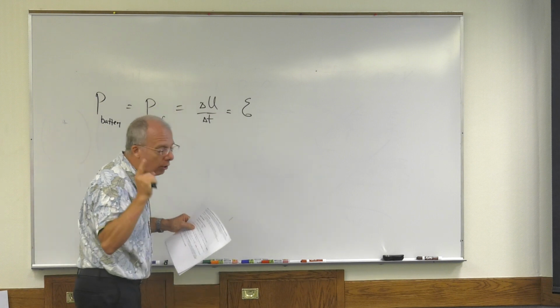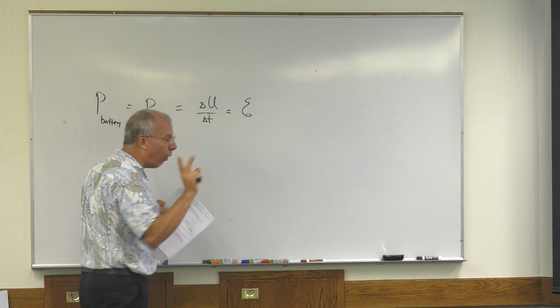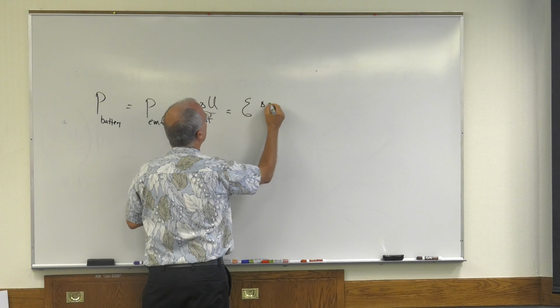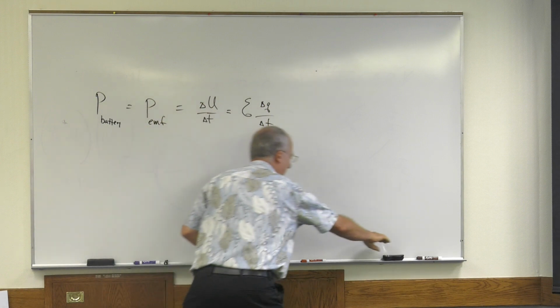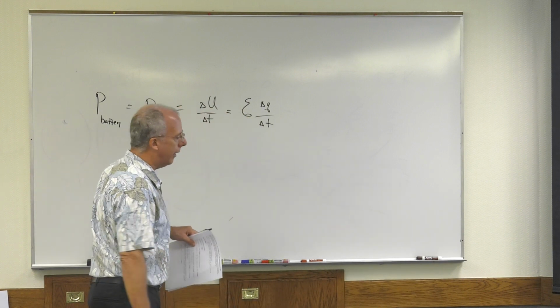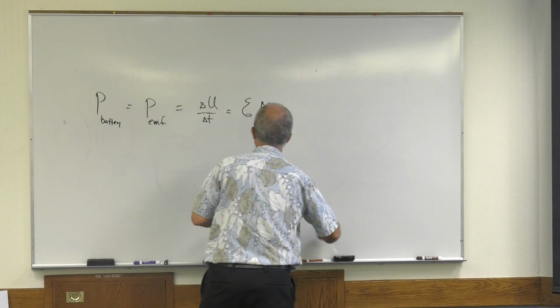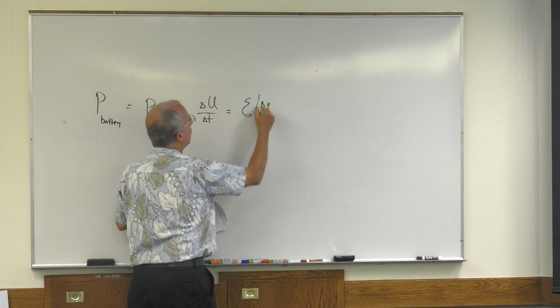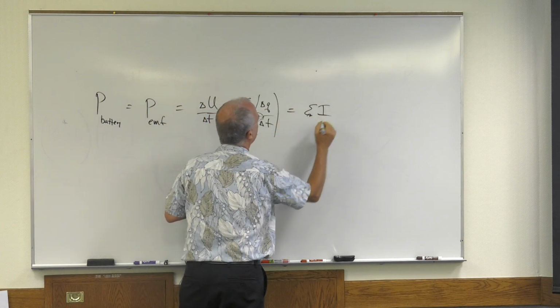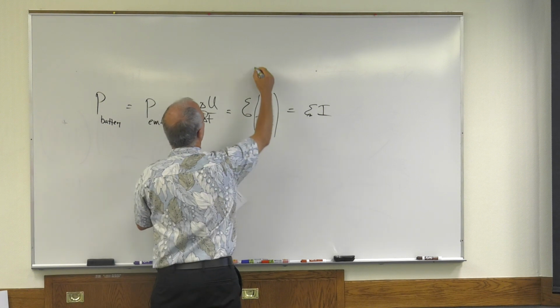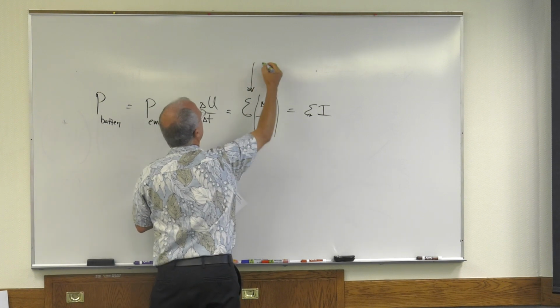This is for an ideal battery. So the EMF equals the voltage times delta Q divided by delta T, all right? Ideal wires, ideal battery. Now, what's delta Q over delta T? It's I. So it's just E times I, right? The script E is EMF, don't forget. Script E is EMF.